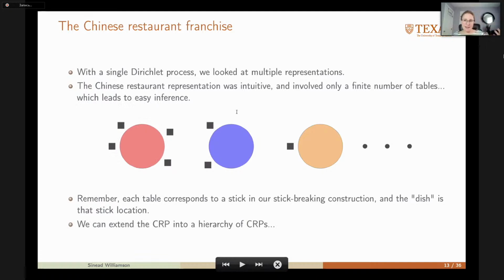Now, we can extend this restaurant analogy to a hierarchy of restaurants. And what is a hierarchy of restaurants? Well, that's a franchise of restaurants. So that's what we're going to be thinking about. We're going to be thinking about a franchise of restaurants, something like a McDonald's, where each McDonald's has infinitely many tables. Right? So all of these restaurants are in different locations, but they have a shared menu.